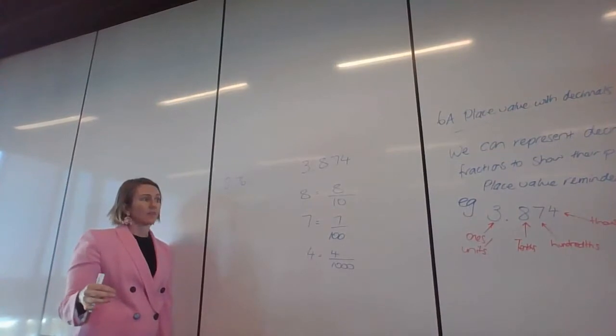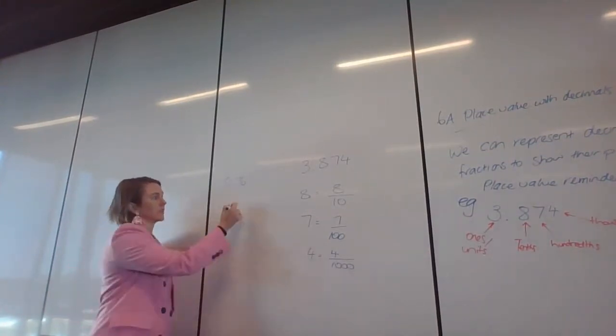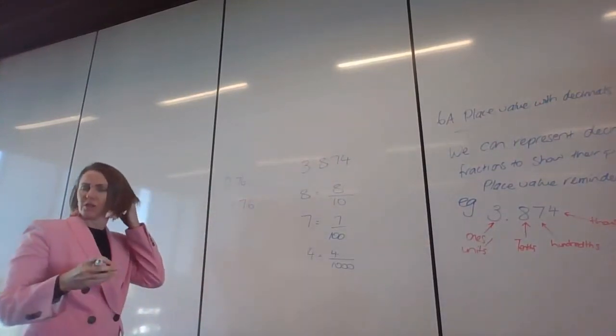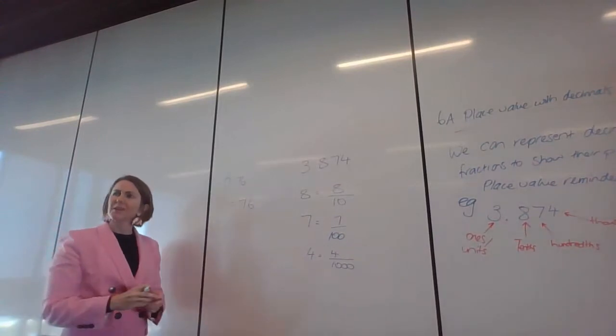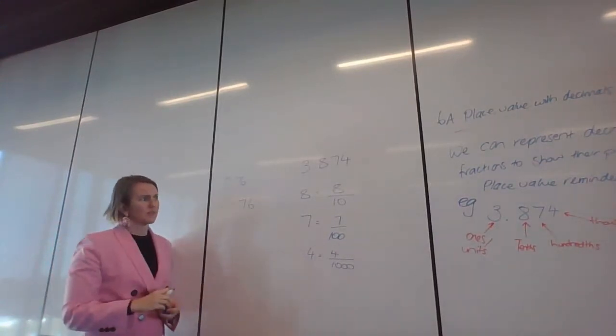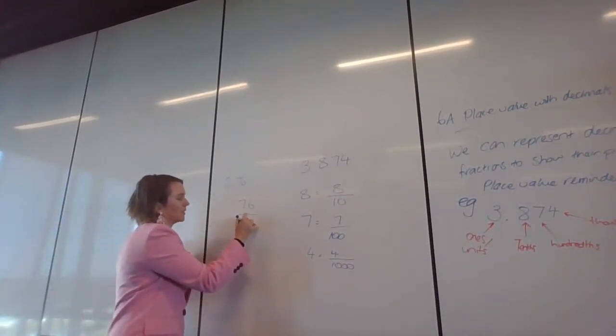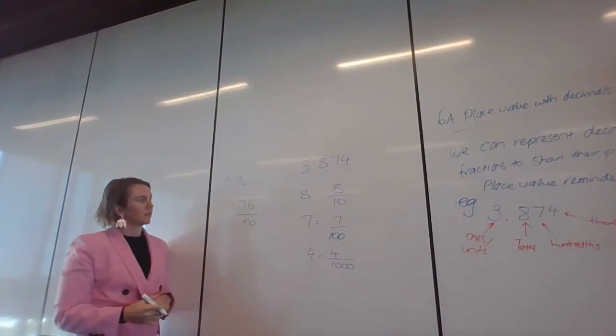I've got a tenth and also a hundredth. So if I was going to put that over something, what number would I put it over? Sam? Guess? No. Think of the highest place value. Yeah, 100. Or you could do 19 over 25.